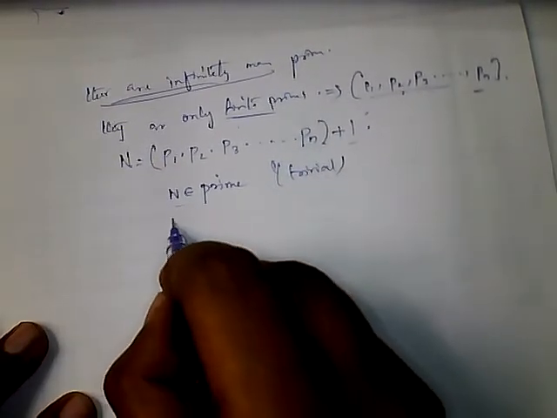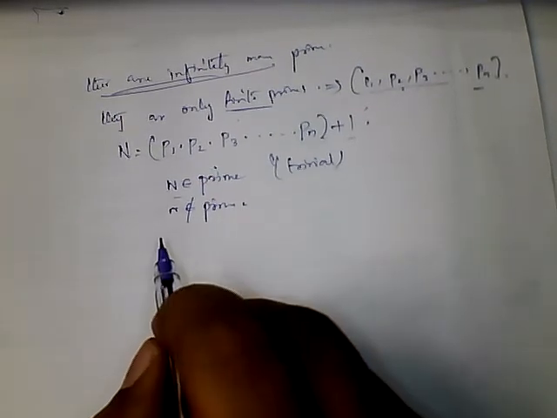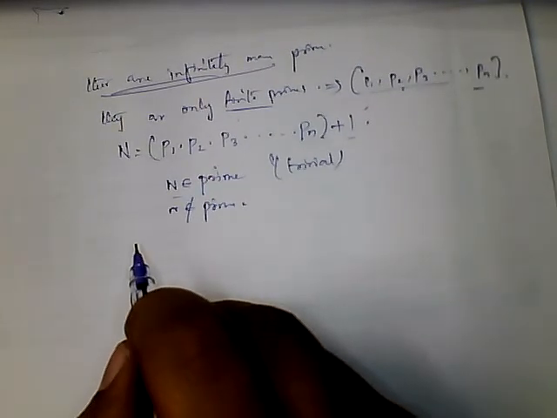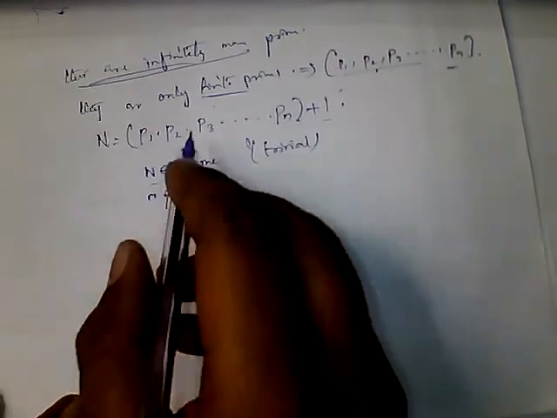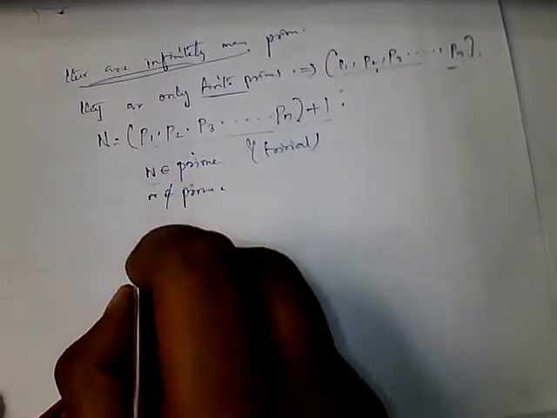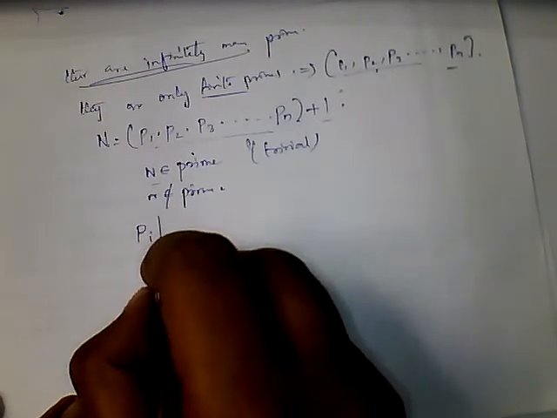Now if n does not belong to the primes, there is some prime among these primes that divides this n. I'm considering this pi divides n.